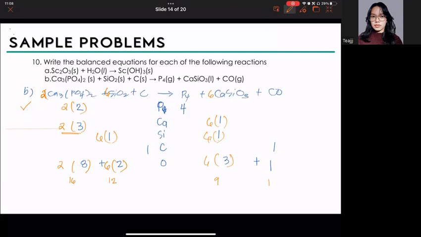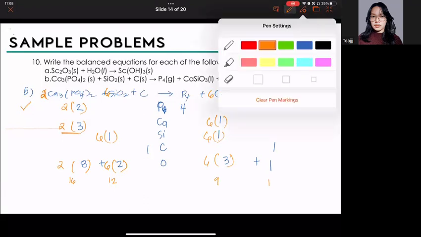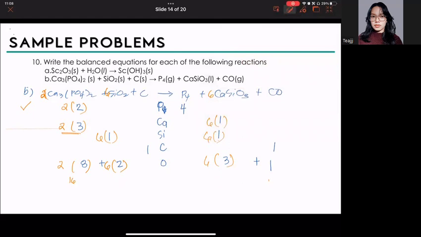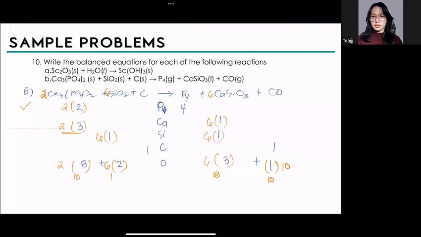So 10. Right? So we have to find a way to balance these numbers. So that's 16 plus 12, that's 28. And then 9 plus 1, I'm sorry, this is not 9, this is 18 plus 1 is equal to 19. So para maging 28 siya, kailangan natin itong i-multiply by 10 para maging 28, right? Because this is 18, then this is 10, as ito, this is 16, and then ito, this is 12. So that's 28 on both sides na.